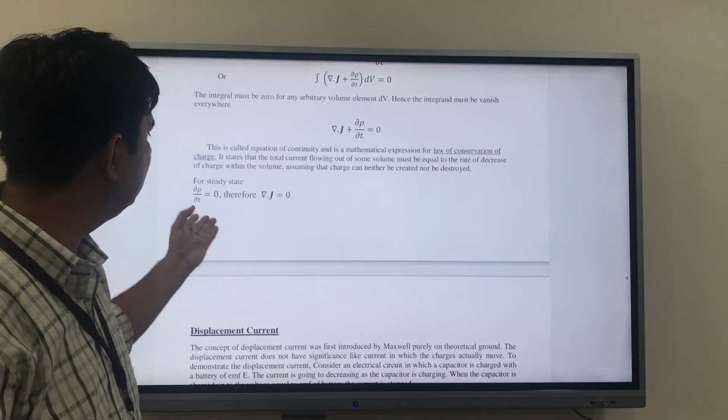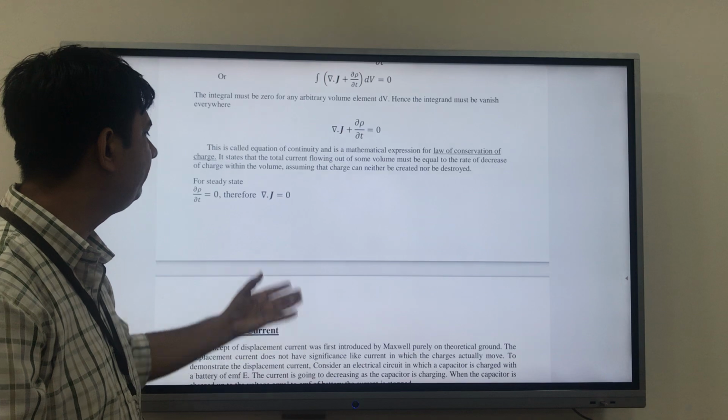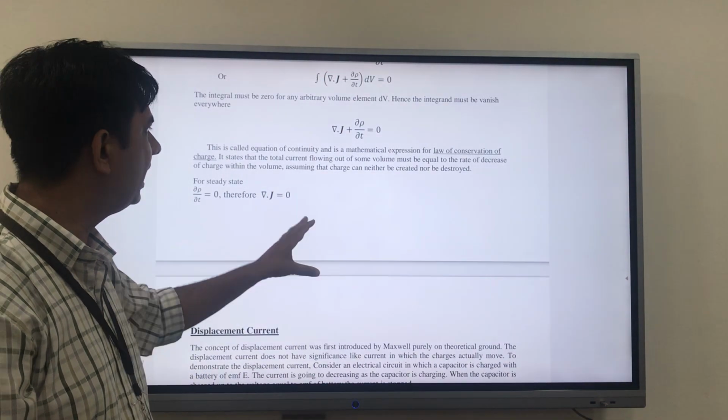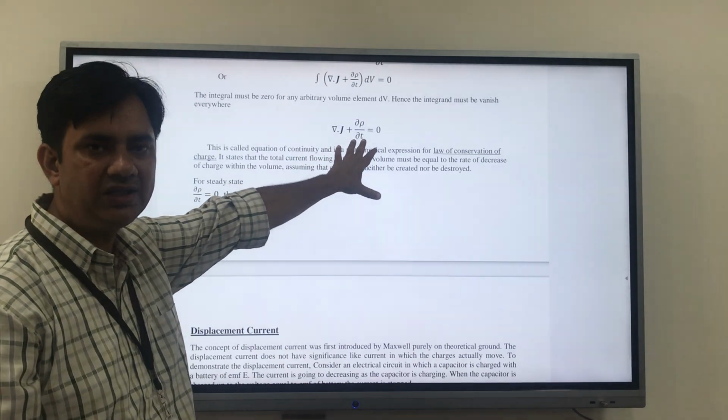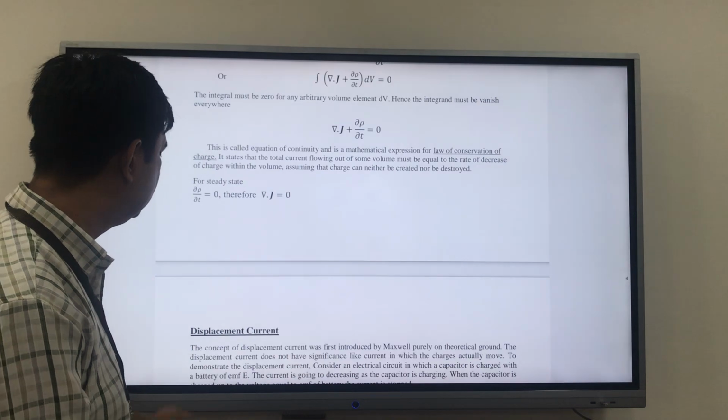So for the steady state, we can say curly rho by curly t is equal to 0, and we are left with del dot j is equal to 0. So this is our final equation, and in the special case we can use del dot j is equal to 0.